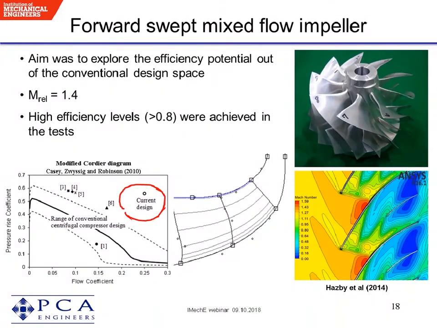This resulted in a highly loaded transonic mixed flow impeller with an inlet relative Mach number of 1.4. The leading edge is swept forward, and the tip section is designed to operate with an attached shock at the design point, achieving an overall stage isentropic efficiency level of above 80%.